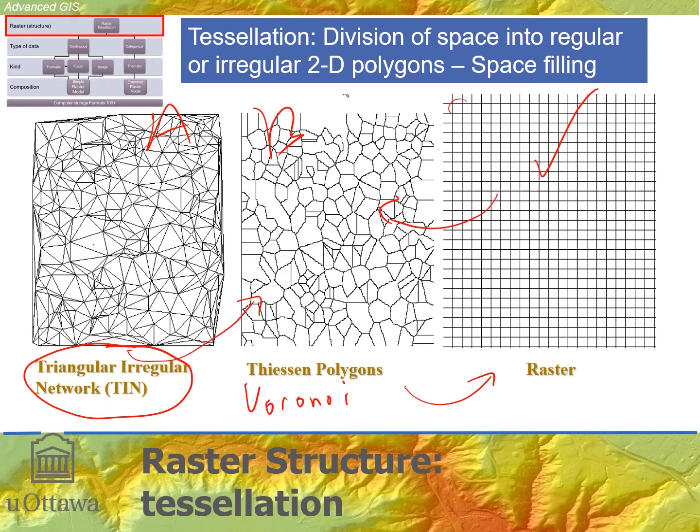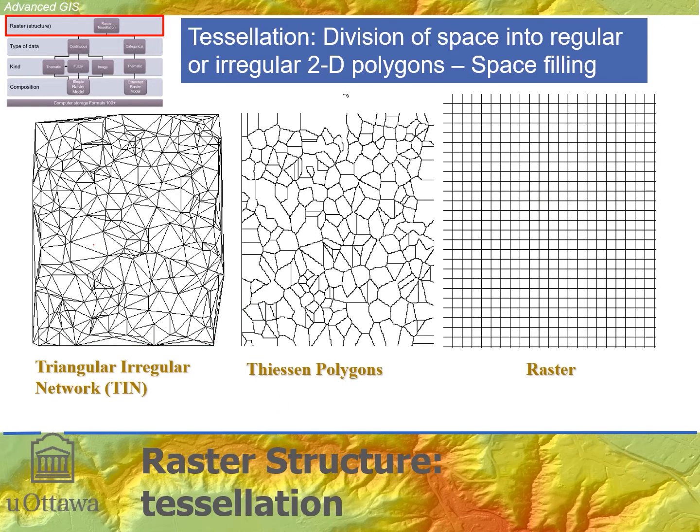But when we have divided space up into regular square grid cells, this works very well with computers because they're built to work with things called numeric arrays, which are just like what you see in a spreadsheet, like in Microsoft Excel, a bunch of numbers. And a raster is a regular division of space where each of the cells we'll see has a number associated with it, just like a spreadsheet.